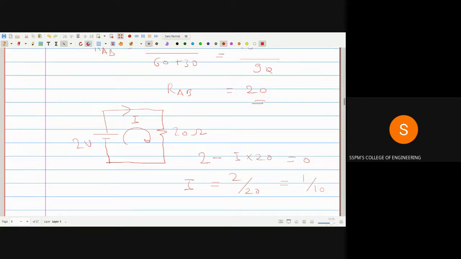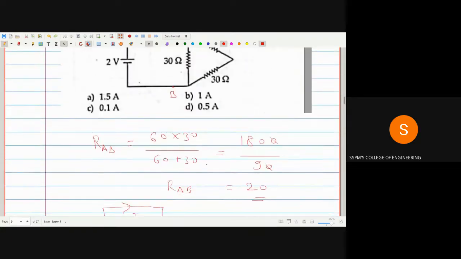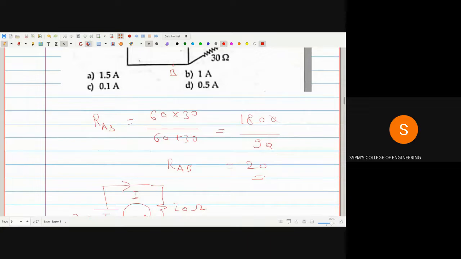The current is 1 upon 10 or 0.1. Answer is C, 1 by 10. इथे आपण काय करतो, KVL अप्लाय करतो आणि कन्सेप्ट ऑफ इक्विव्हॅलेंट रेजिस्टन्स ऑफ पॅरलल कॉम्बिनेशन, हे दोन कन्सेप्ट आपण यूज केले.